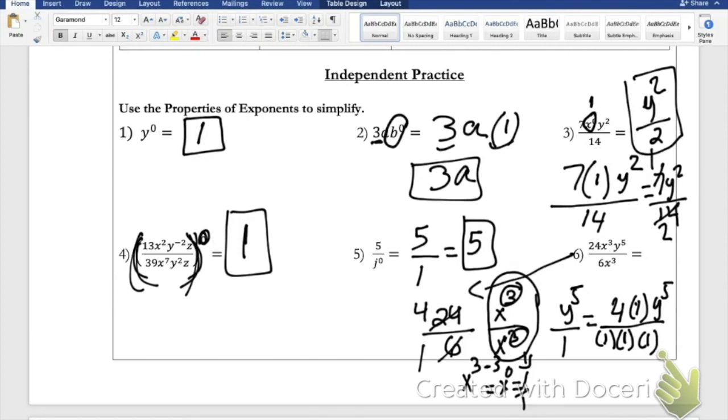So you have 4 times 1, which is 4, y to the fifth, over 1 times 1 times 1 is just 1. So at this point, you have 4y to the fifth over 1, but really to simplify it, you don't need to make something over 1. So this here is your final answer. Okay, so 4y to the fifth is your final answer for this one.